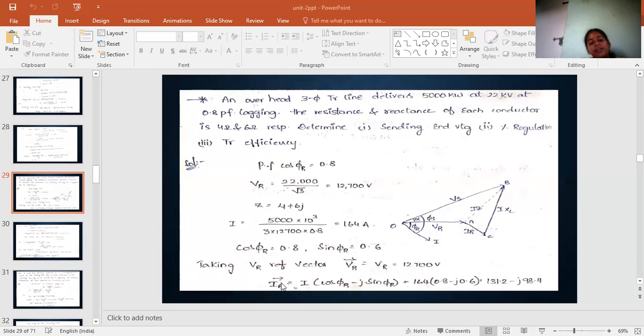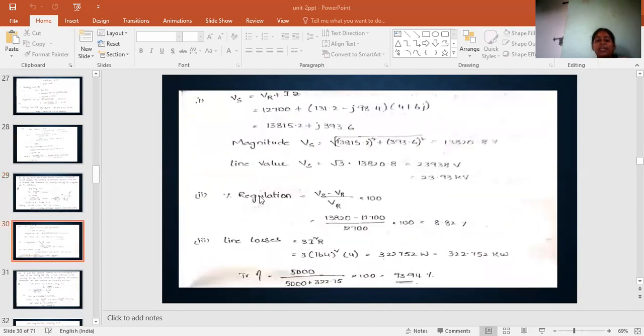And IR in the vector representation is IR equal to I into cos phi r minus J sin phi r, where I value is 164, cos phi r equal to 0.8 and sin phi r equal to 0.6. We can substitute the values and find out the IR value.